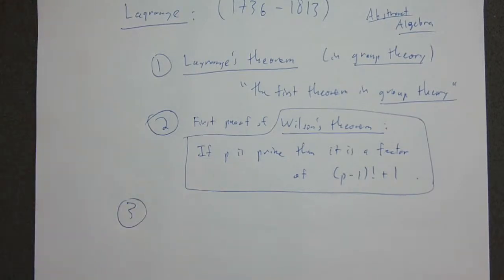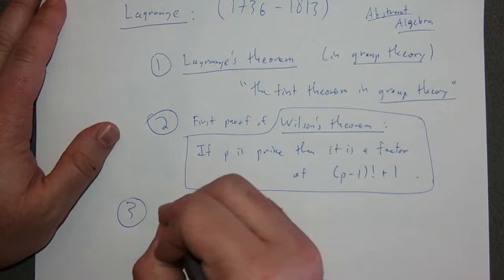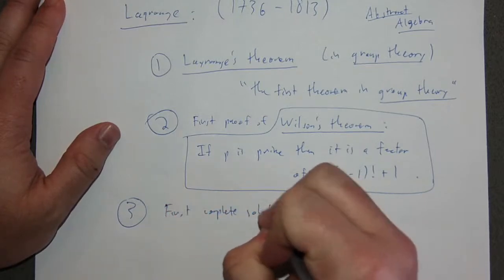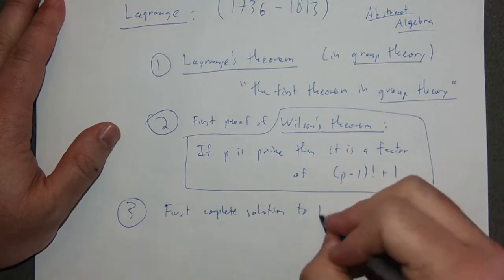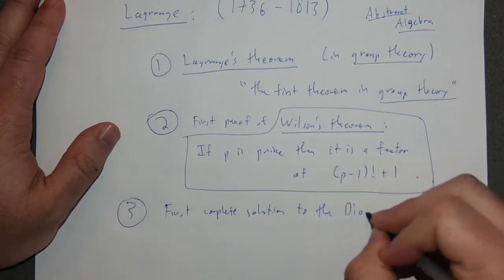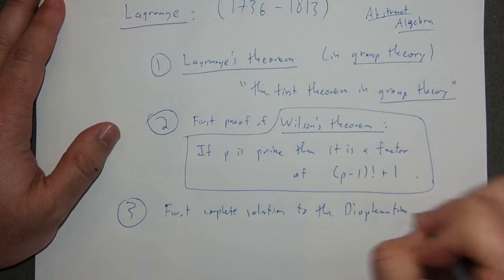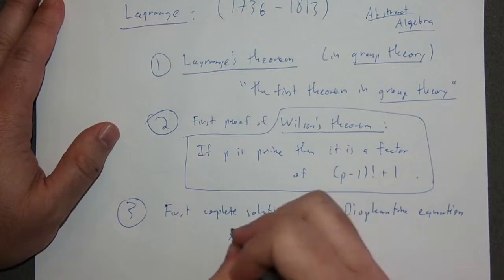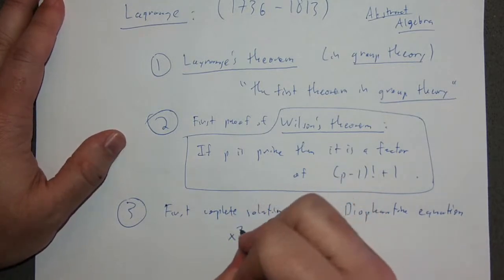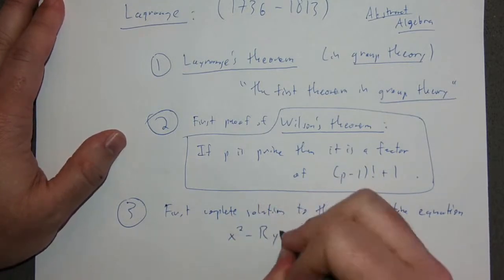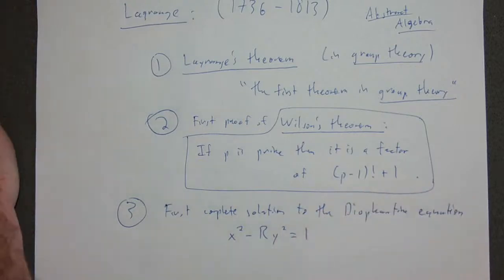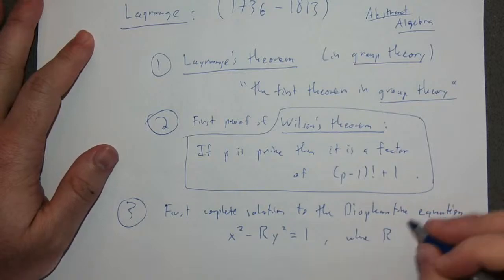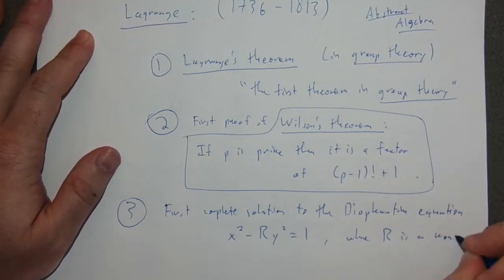What else was Lagrange responsible for? So the first complete solution to the Diophantine equation x squared minus r times y squared is equal to 1, where r is a non-square integer.